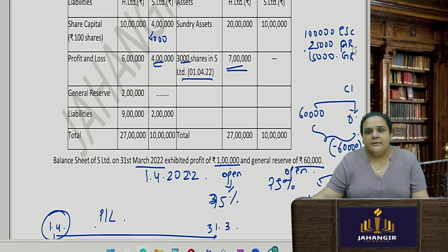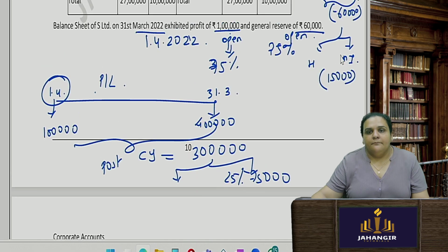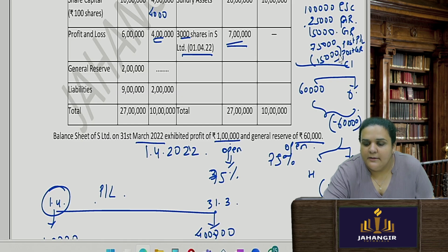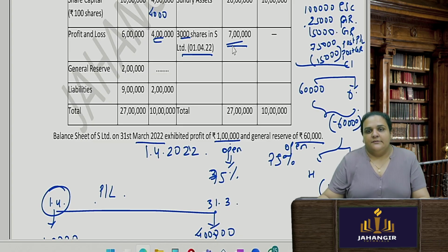Then you can say post PNL is 75,000 and post general reserve was a loss, so minus 15,000. So then you will get the total 1 lakh plus 25,000 plus 15,000 plus 75,000 minus 15,000, that will become 2 lakhs.